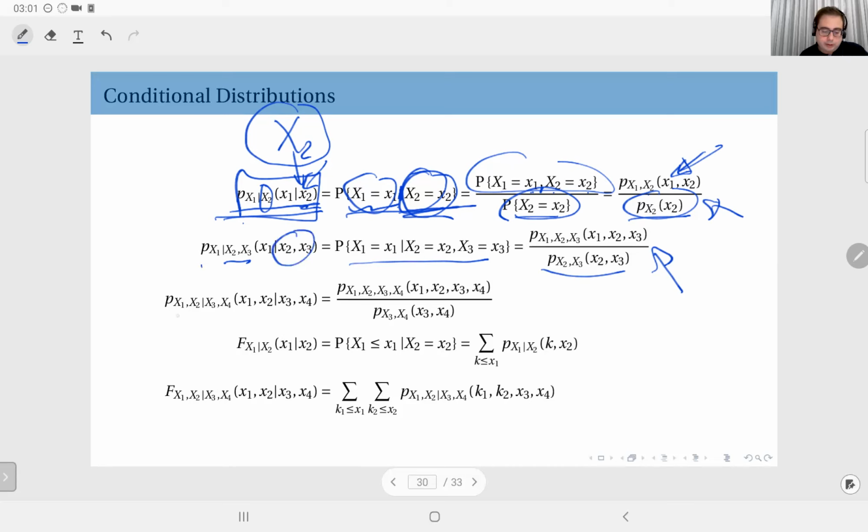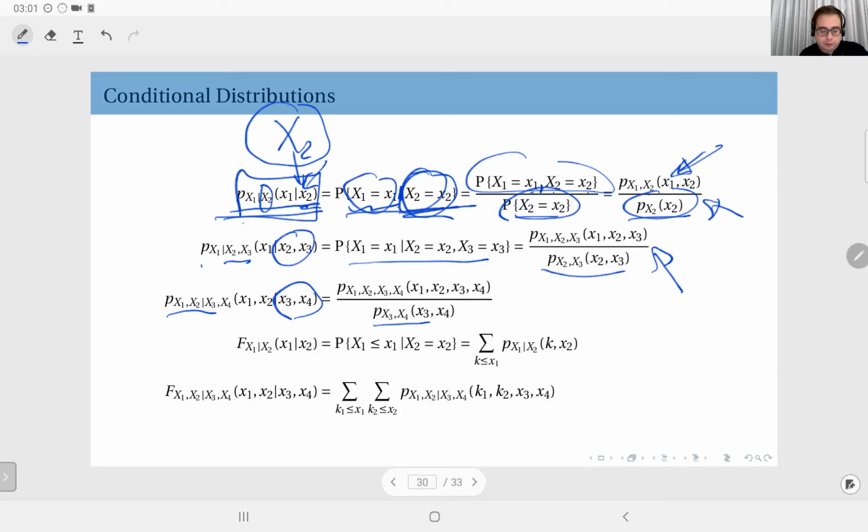Or for instance, the joint PMF of x1 and x2 given the values of x3 and x4 is equal to the joint PMF of x1, x2, x3, x4 divided by the joint PMF of x3 and x4, which are the given values. You can deduce other forms yourselves.